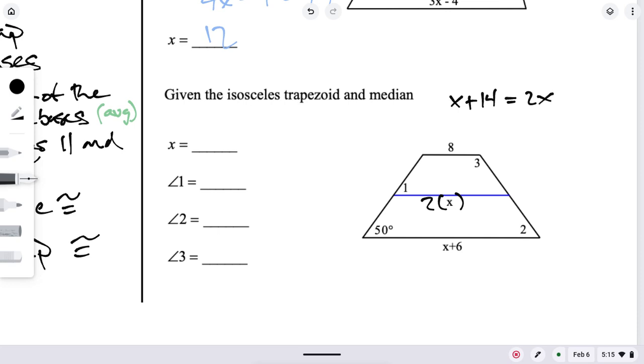When I subtract the x across, it leaves me with 1x. So that means that x equals 14. I can also determine if that makes sense, because if the median is 14 and this bottom base is 20, 8 is 6 away from 14, 14 is 6 away from 20, so that does make sense. I always want to check my answers here and there.